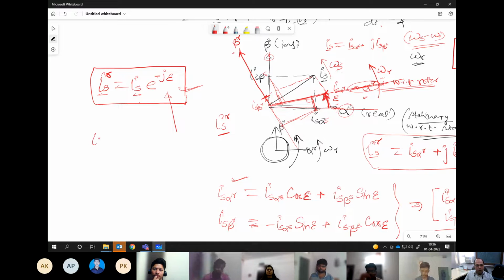Now, if you know ISR, somehow you know this vector, and you want to write IS, what will you write? Sir, ISR multiplied by e raised to j epsilon. Correct.